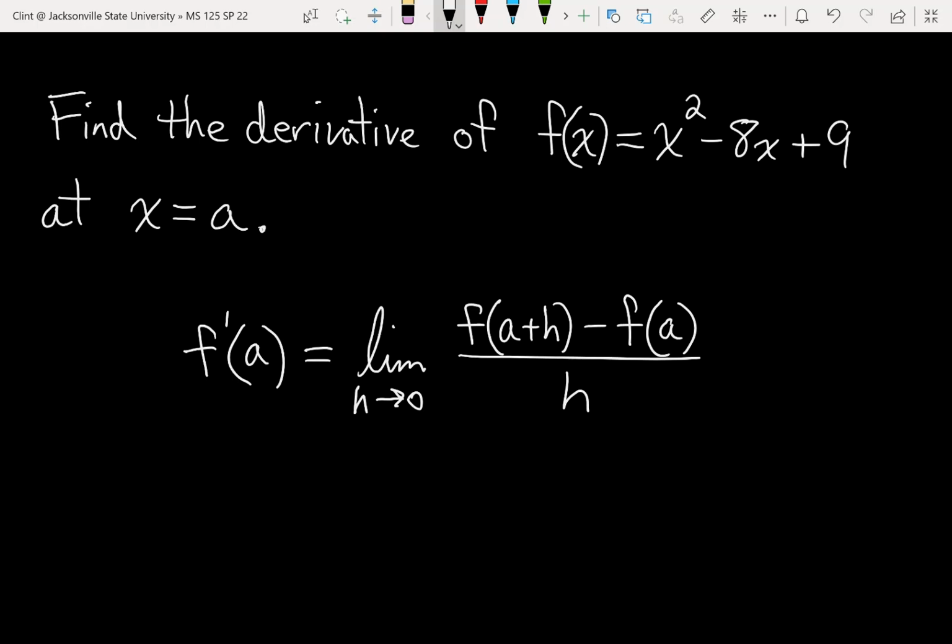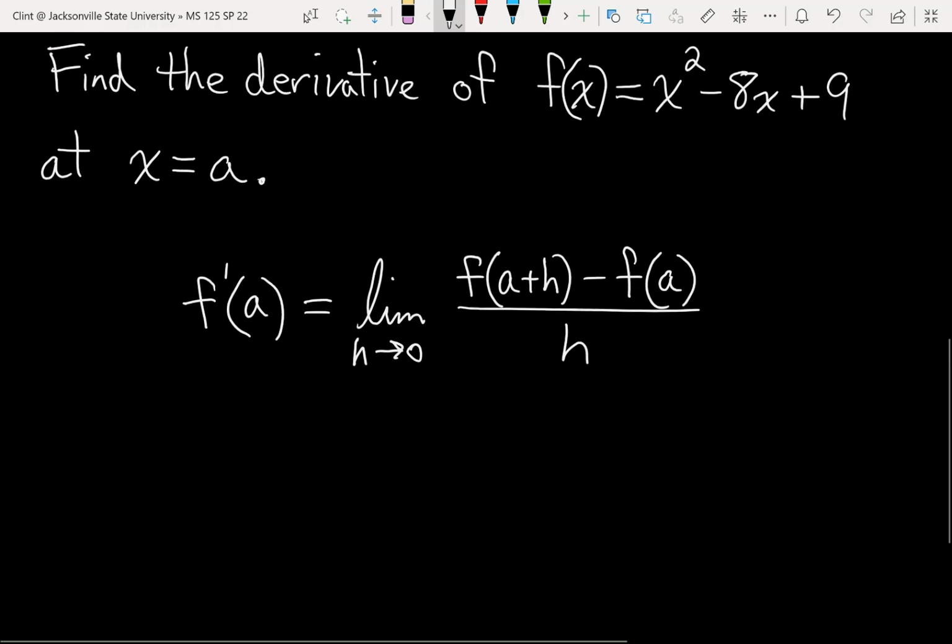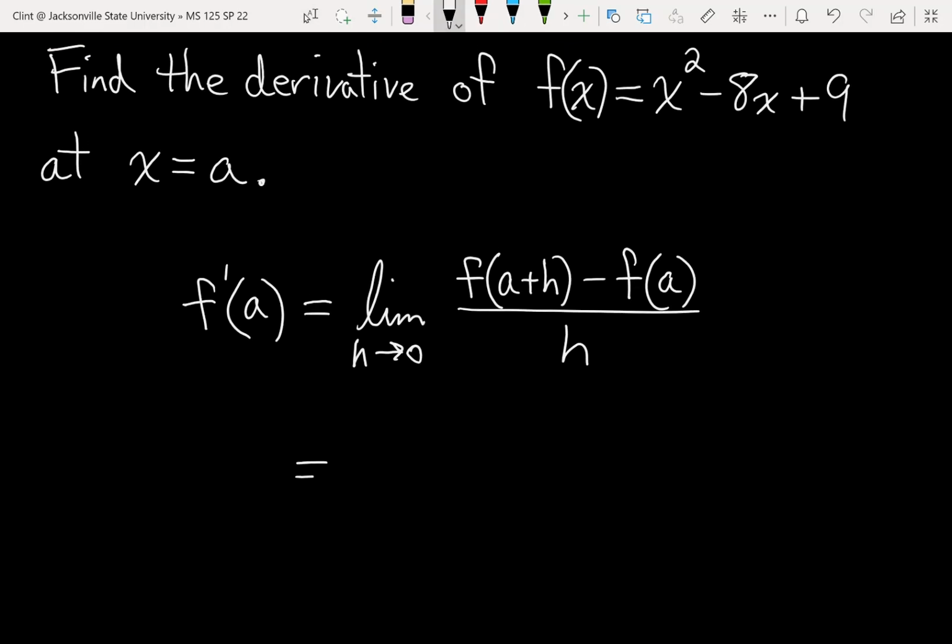Now we just need to figure out what that top part is going to be based on our function. It would be our x value, but we're calling our x value a. This is where it gets a little messy. It works out nice in the end. We just have to go through some mess to get there.